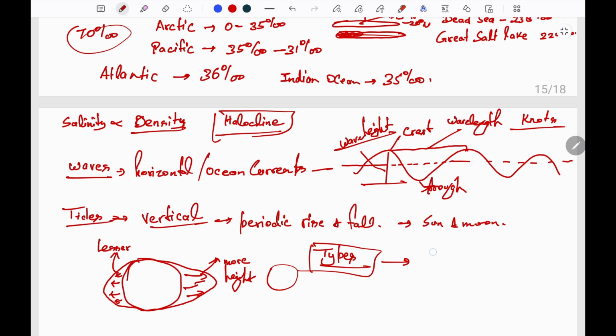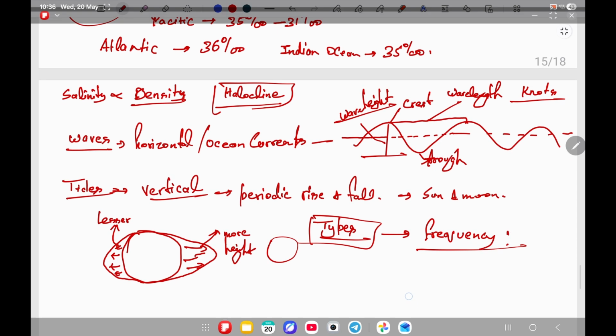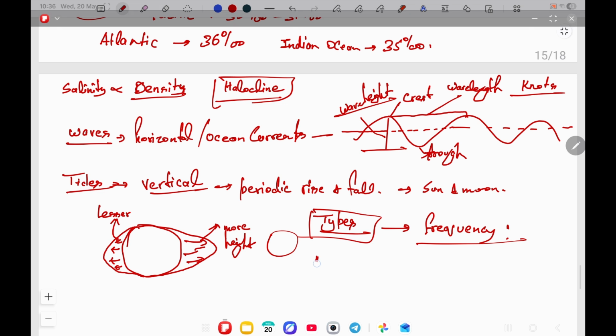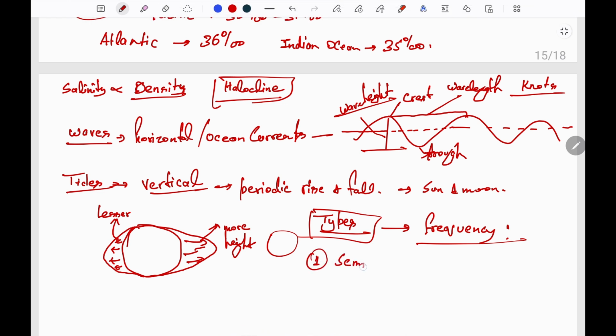Now moving on to the types of tides. Based on the frequency, that is the time period in which they occur, they are divided into three types. First one is semi-diurnal tides.